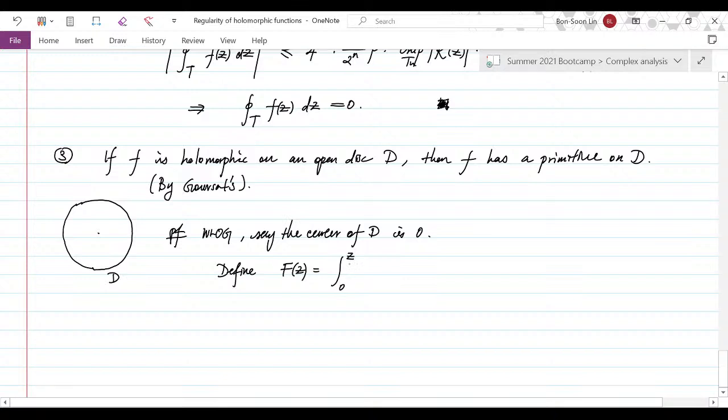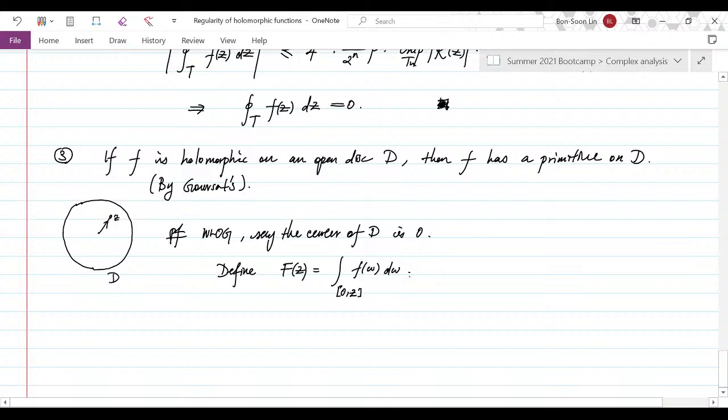Maybe I should say, this curve 0 to z. So this is just the line segment. This point is z. Just integrate from 0 to z along this curve of f of, well, I better use another variable. Let's say f of w dw. Okay, so I'm going to define this function.